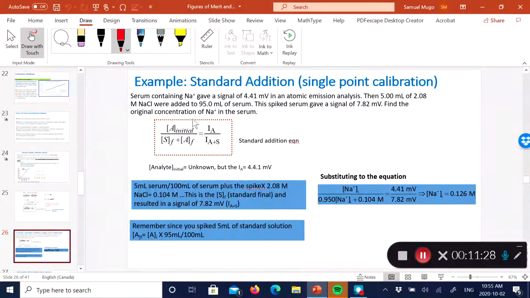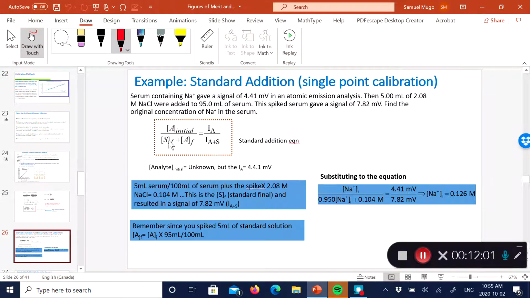You can see what you really need to do is to substitute all these values into the standard addition equation. Maybe the caveat that you really need to remember is the following: take account of the dilutions. So you can see, the analyte initial, I don't know what that is, but I already know the signal that I got, and that's what I put here, the 4.41 for the neat serum sample.